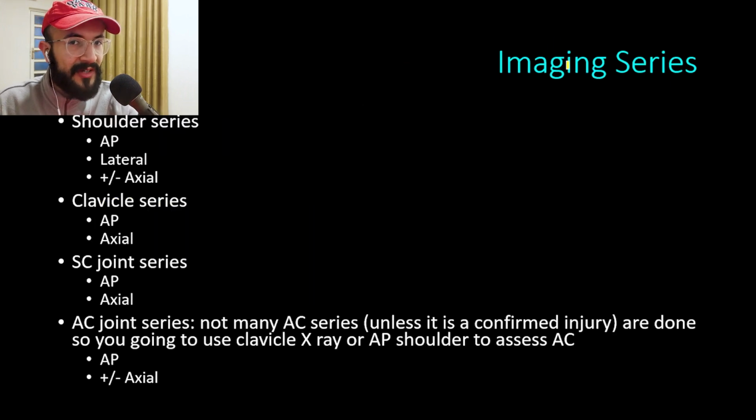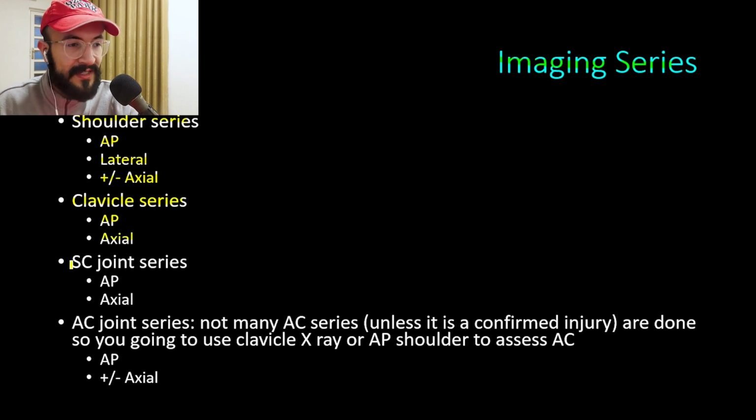Now let's talk about the imaging series. If we have a shoulder trauma, we order a shoulder series which consists of an AP, anterior-posterior, and lateral, plus or minus an axial shoulder x-ray. If we have a clavicle trauma, we order a clavicle series, which is an AP and axial.